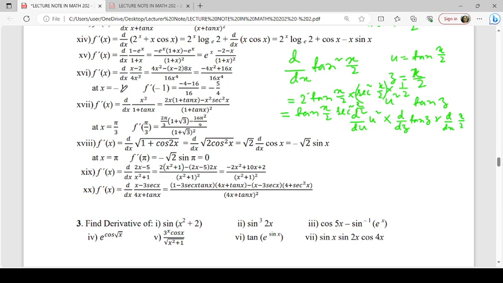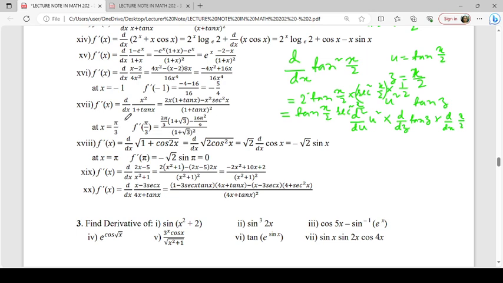Then at x equal to -1, after getting this f dash x, we need to write x equal to -1, so in place of x square we write -1 whole square, it is -4, then plus 16 into -1, it is -16, then it is -1 whole to the power 4, it is 1, it is 16, so it is -5 by 4.